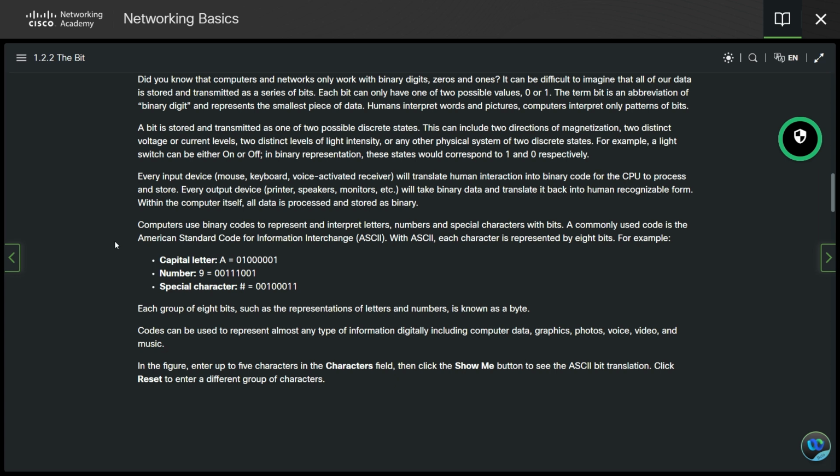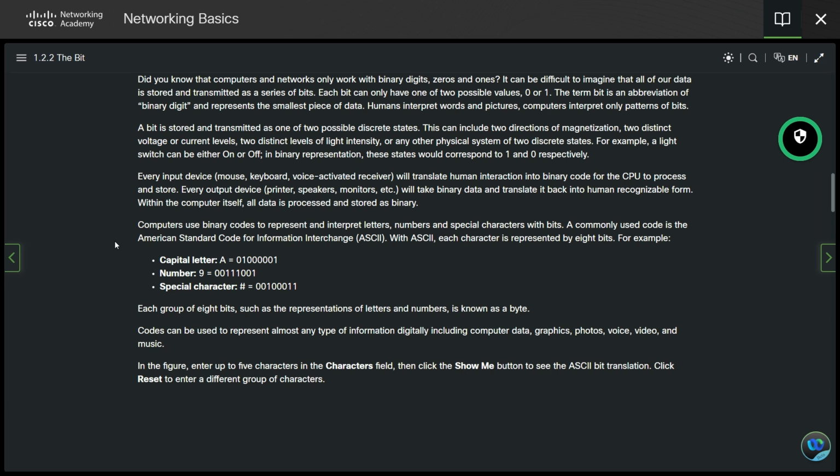Computers use binary codes to represent and interpret letters, numbers, and special characters with bits. A commonly used code is the American Standard Code for Information Interchange (ASCII). With ASCII, each character is represented by 8 bits.